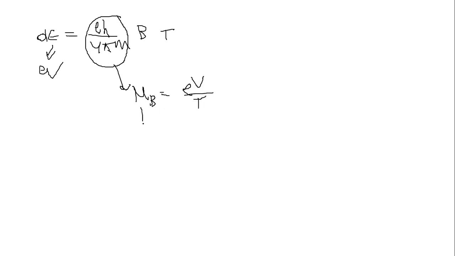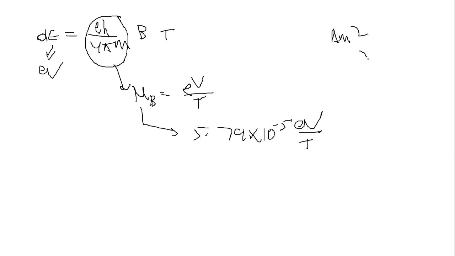If we convert the value of the Bohr magneton into electron volt per Tesla, we get 5.79 into 10 to the power minus 5 electron volt per Tesla, because ampere meter square is the same as electron volt per Tesla.